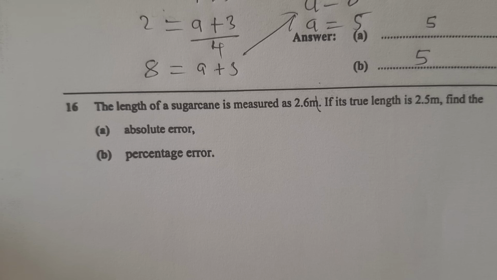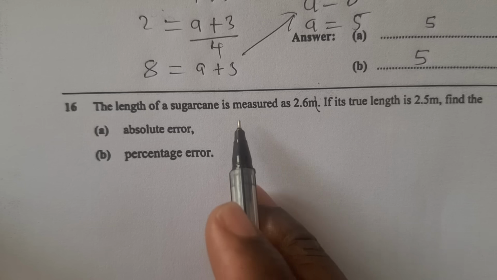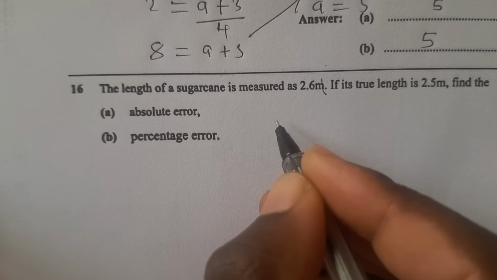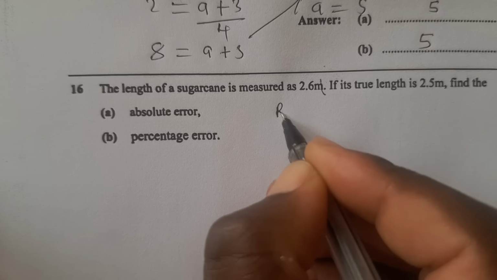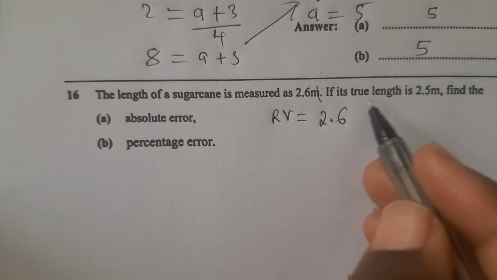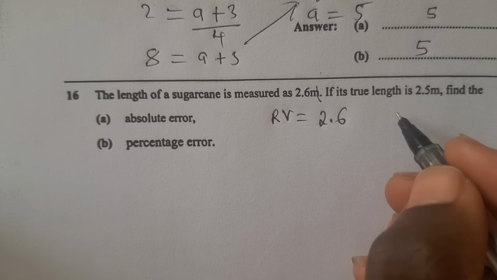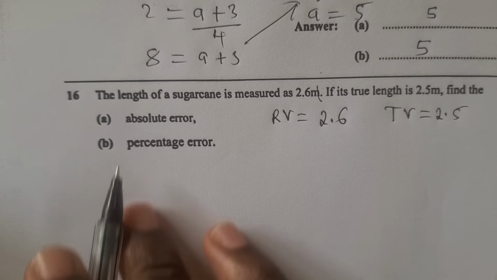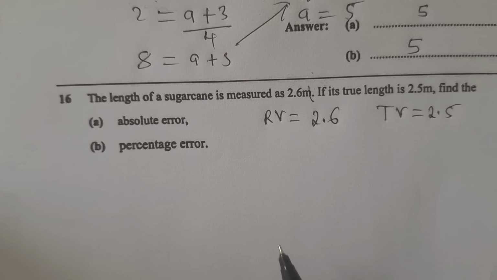We go to question 16. The length of a sugar cane is measured as a recorded value equal to 2.6, and its true value is equal to 2.5. Find the absolute error.